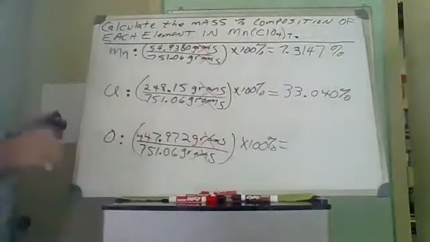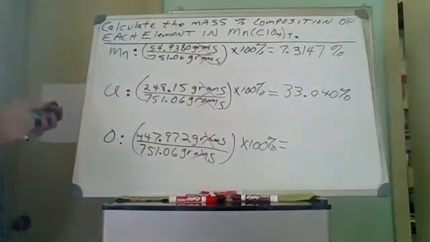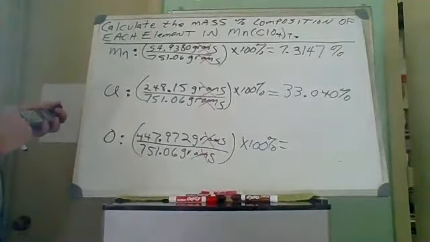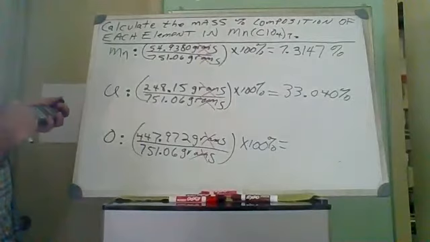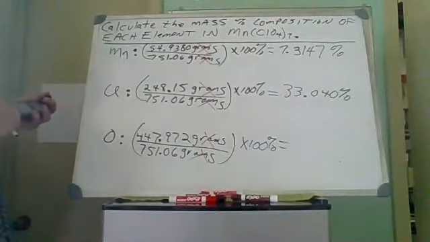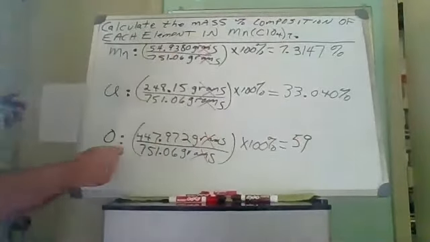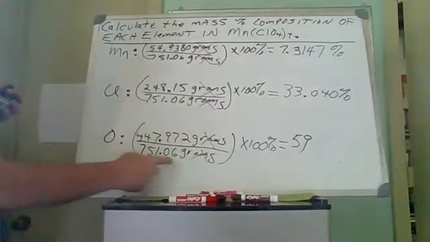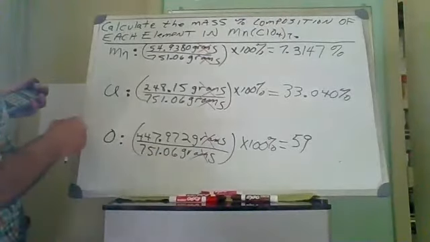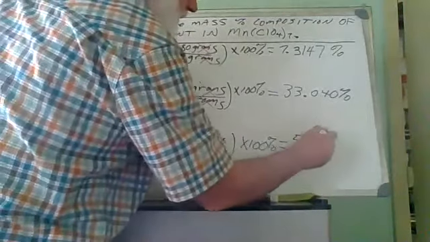And I'm going to put that into my second memory. And for the oxygen, 447.972 divided by recall 1 equals times 100 equals. And I get 59.645%. Again, I'm going to have 5 digits.